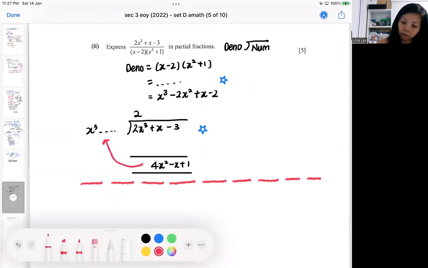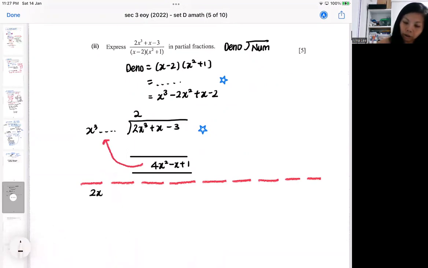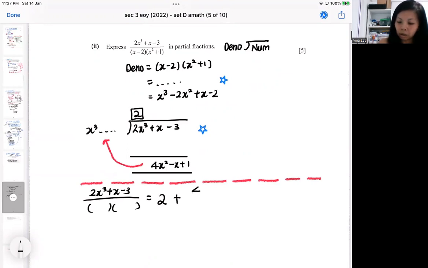So the original improper fraction will become 2 plus the remainder over the denominator. So I will get back the original bracket.